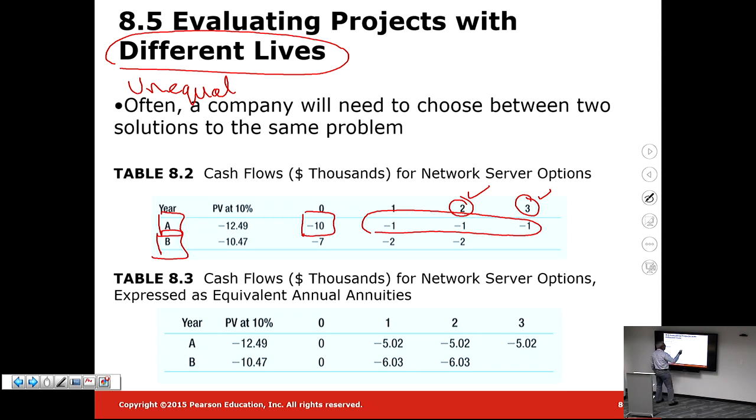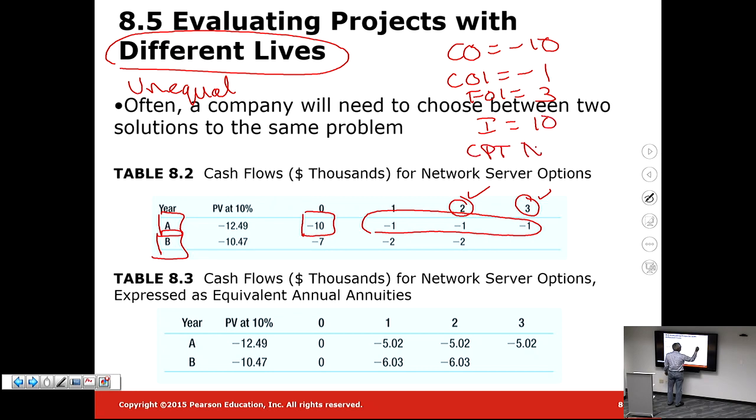We can do the net present value method. So C0 minus 10, C01 minus 1, F01 3, I equals 10, compute net present value, we get minus 12.49. Repeat the same process for B, we get negative 10.4.